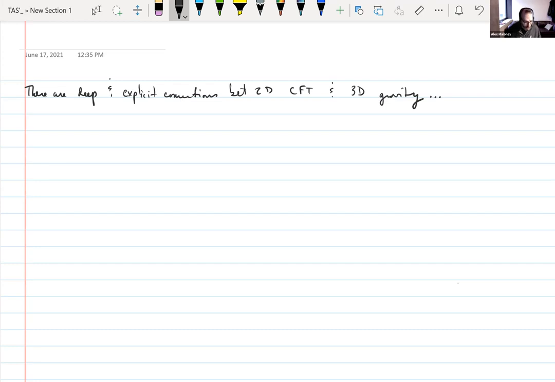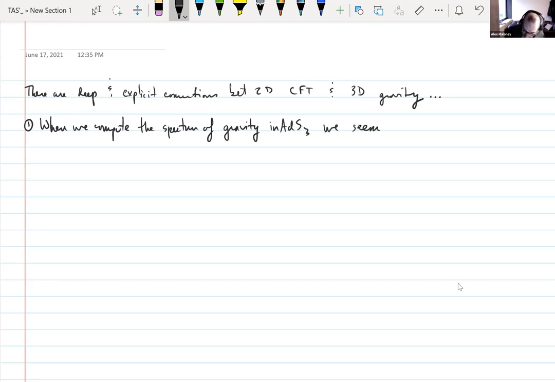And one of the most important puzzles is one that I think we encountered yesterday, which is that when we compute exactly, or to the best of our ability exactly, the partition function, or the spectrum of pure gravity, that is to say, the quantization of general relativity in AdS3, we seem to get a continuous density of states.